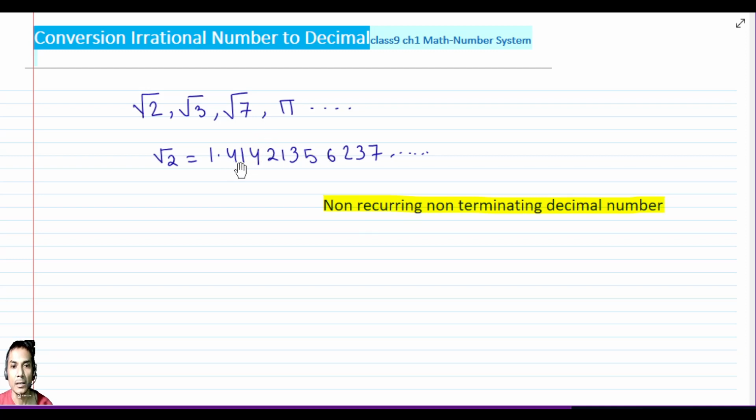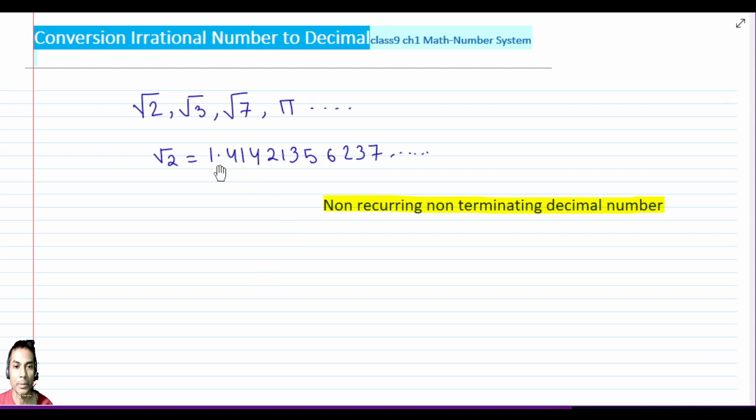You check it, there is no repetition. So this kind of decimal number we cannot represent as the p by q form, because whatever we learned in the previous video, if it is a repeating non-terminating decimal, then we can convert it into the p by q form. This kind of number where the repeating happens, although it is non-terminating, is a rational number.